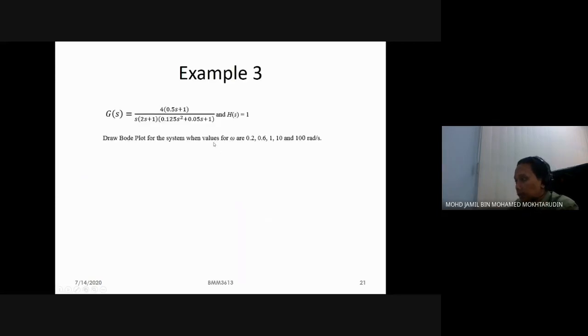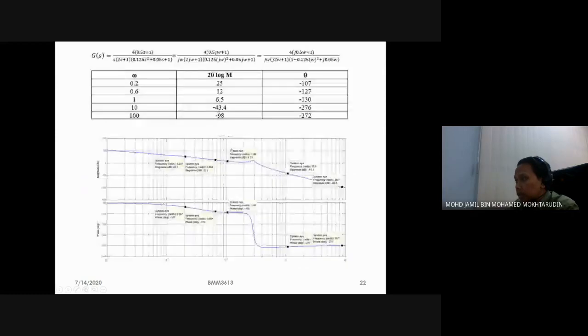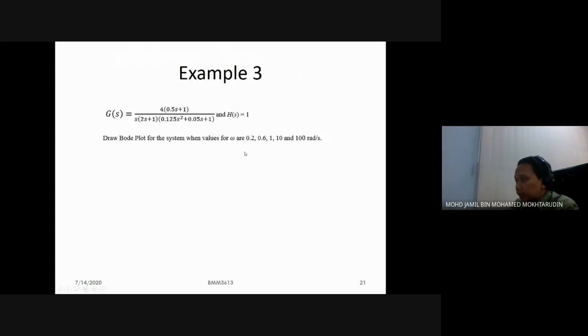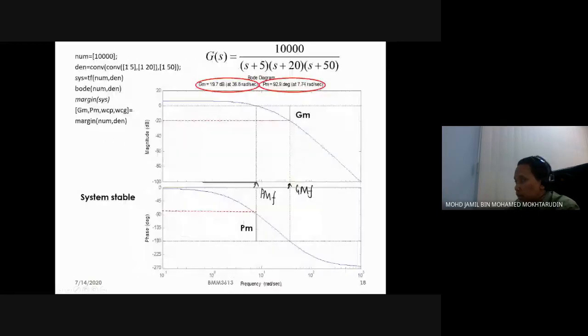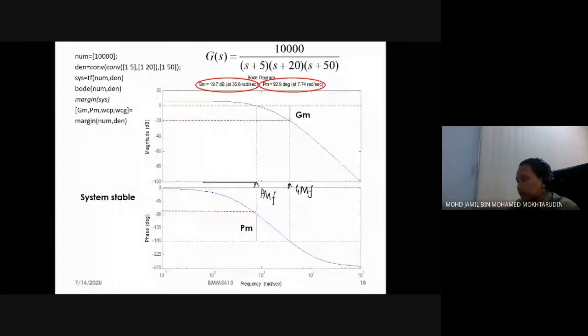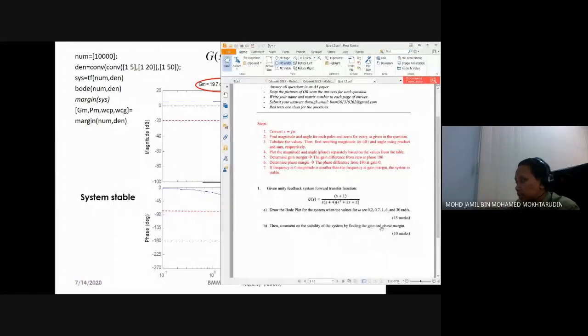So same thing for example 3. The only difference is that in the example, you are not given the question as in the quiz to determine the stability from gain and phase margin. So maybe the difficult part is to determine gain and phase margin.